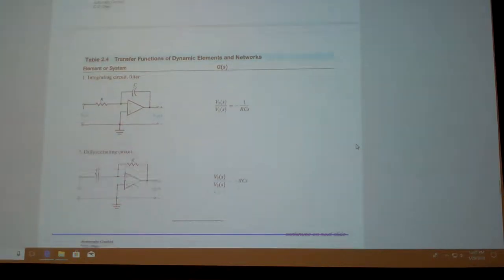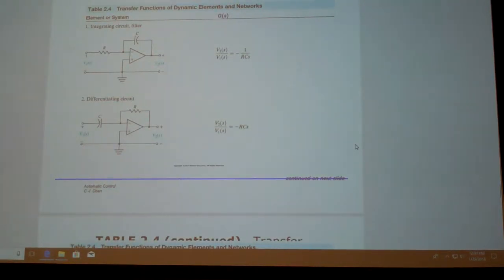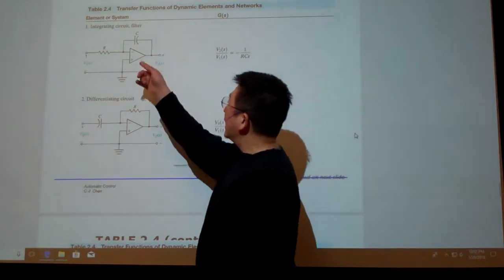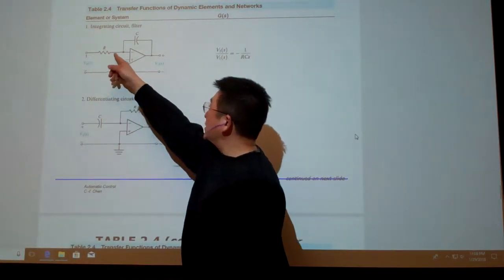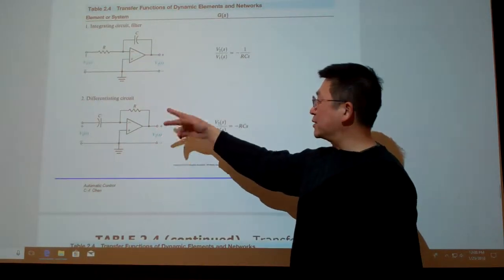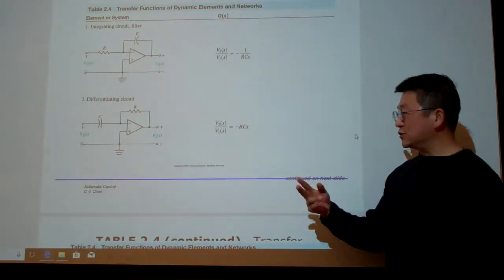On the next pages, I simply copied the tables summarized in our textbook. From here you can see they have different configurations. Here we not only use resistors but also capacitors, but the two rules still apply.